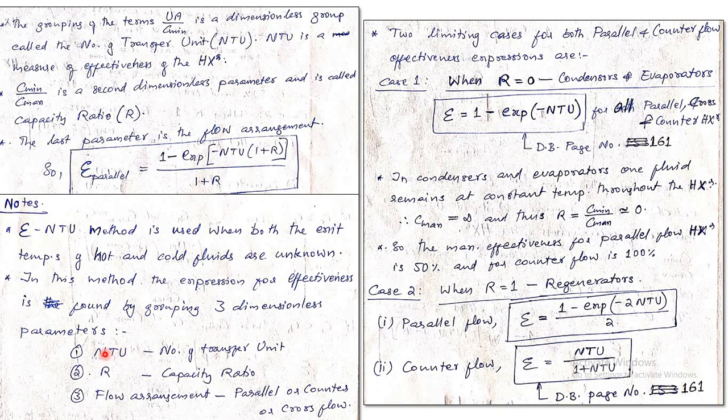The first is NTU, the number of transfer units. The other is the capacity ratio. All these terms are dimensionless. And the last parameter is the flow arrangement, whether it is parallel flow, counter flow, or cross flow. The third dimensionless parameter is flow arrangement.